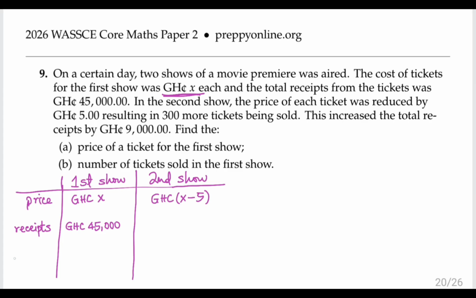So we can also have a row for the number of tickets. Let me call it number of tickets. So this tells us how many tickets were sold here, and we are told that the number of tickets sold increased by 300.